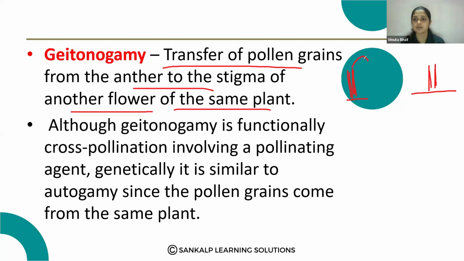This brinjal plant releases the pollen grains, and these pollen grains are transferred to the stigma of another flower of the same species plant. That is called geitonogamy. So this is functionally cross pollination but genetically the same species, right? So it is genetically autogamy but functionally it is cross pollination.